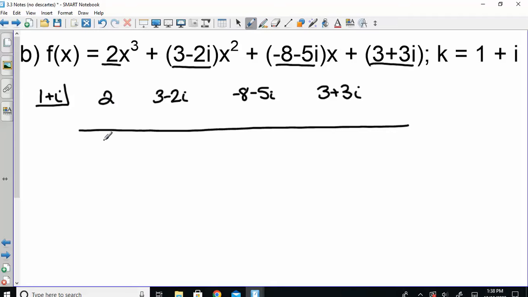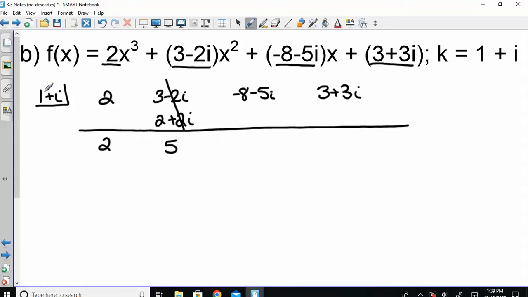So when I bring down my first one, the 2 comes down. When you multiply 2 times 1 plus i, what would that give me? What happens when you add those? So 3 plus 2 is 5.